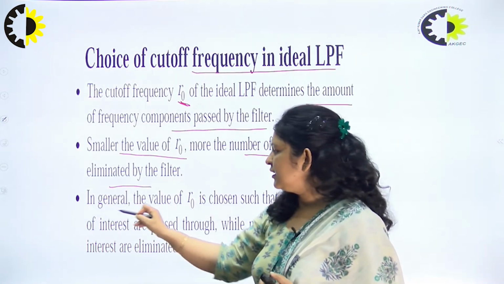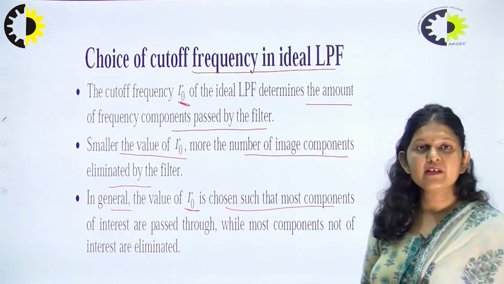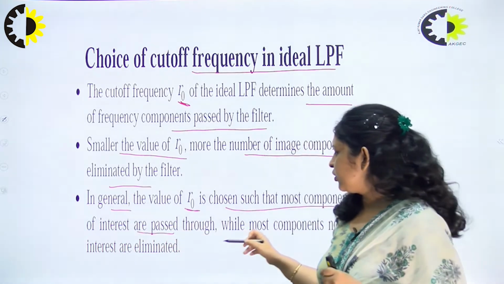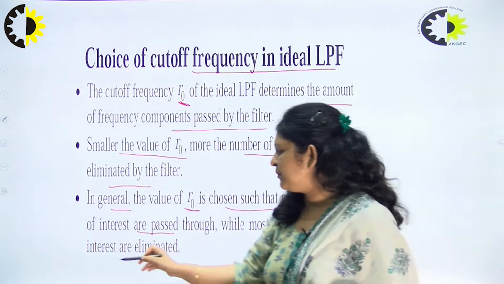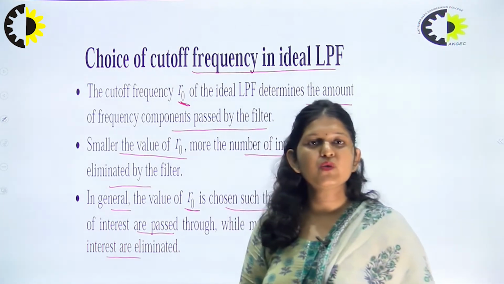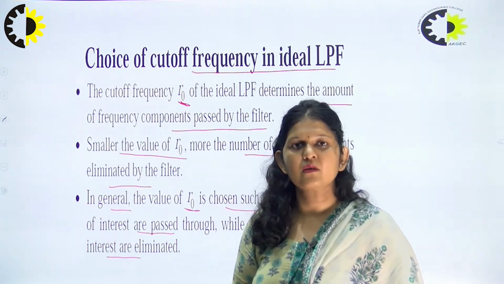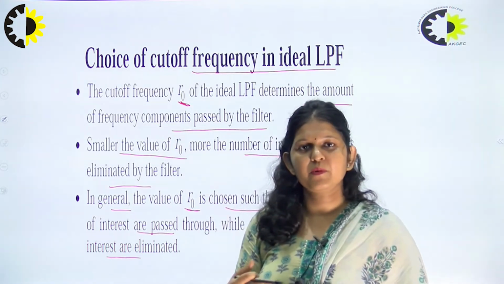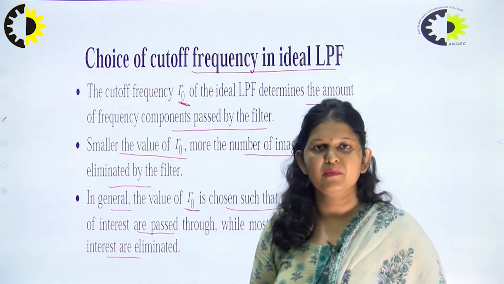In general, the value of R0 is chosen such that most components of interest are passed, that is, preserved, while most of the components which are not of interest are eliminated. So we have to choose R0 very carefully, so that we are not sacrificing our components by the choice of R0. R0 would decide the enhancement quality of our image.